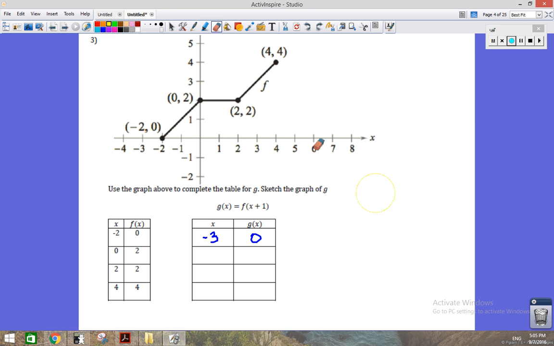Okay, so let's pick g evaluated at negative 1. Well, everywhere we see an x, we replace it with negative 1. So this is f evaluated at negative 1 plus 1. Well, what is f evaluated at 0? Our table says that f evaluated at 0 is 2. So this equation is telling us that negative 1 comma 2 is a point that's on the graph of g.